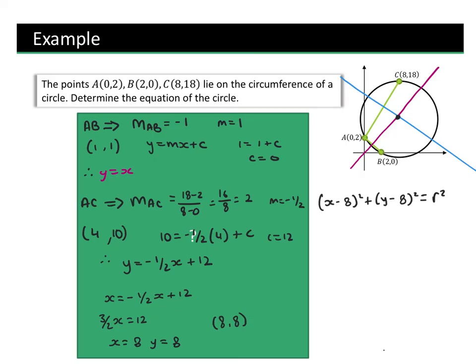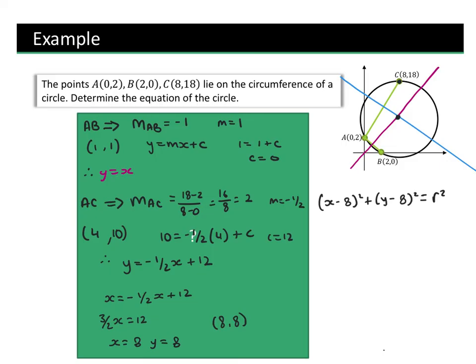It's just better to use point C. It's just 10 apart. Oh yeah, but that should work still, shouldn't it? Oh no, that's never going to work using the midpoint. Why? Because it's not on the circle. Yeah, I've got to use a point. Sorry, I can't use a midpoint. How silly of me.